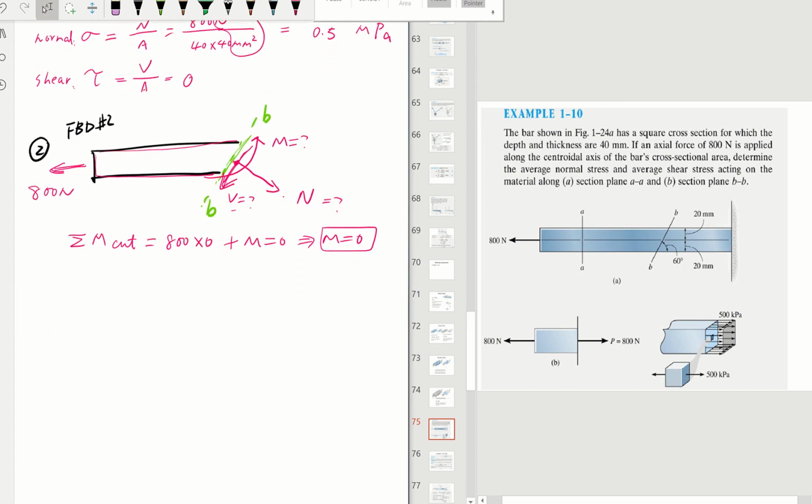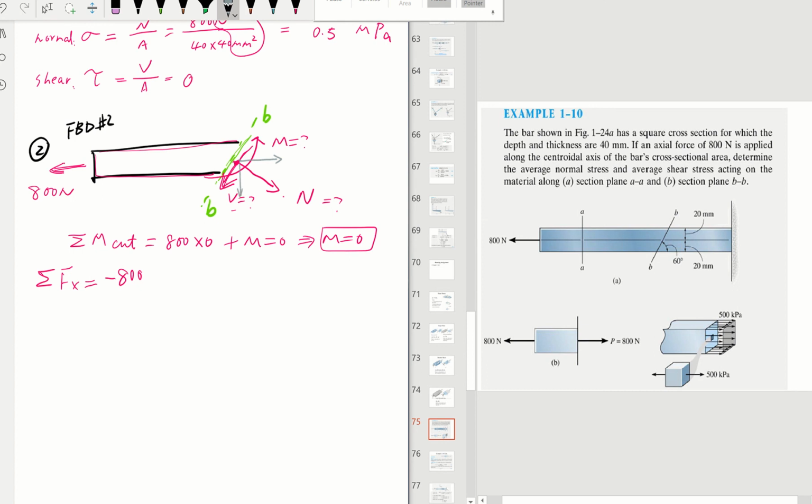All right, how do we figure out the N? So we do force in the x direction. Force in the x direction, we'll have 800 going to the left, minus 800. Then we have this normal. We're going to decompose this normal force into x direction and y direction, right?